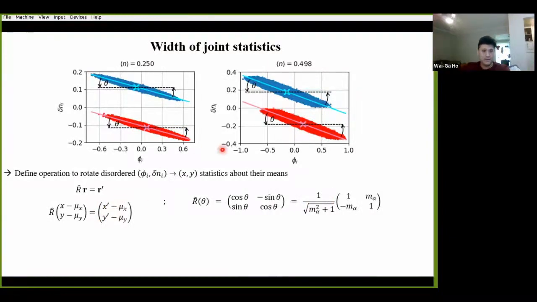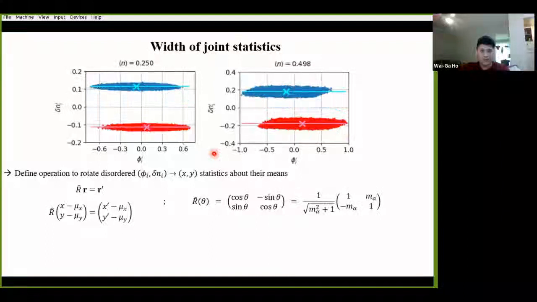Applying this operator to all the data points will rotate our phi and delta n's to some phi prime and delta n prime. From this transformation, at least on paper, we can also express the prime variables in terms of the original ones, and then start sandwiching things between expectation values to compute the variances like we did in the previous slides when we were computing disordered Hartree moments.